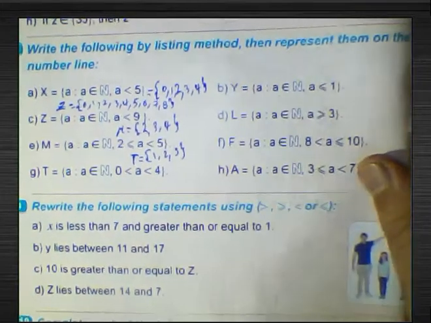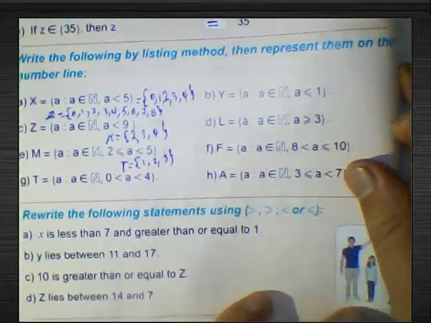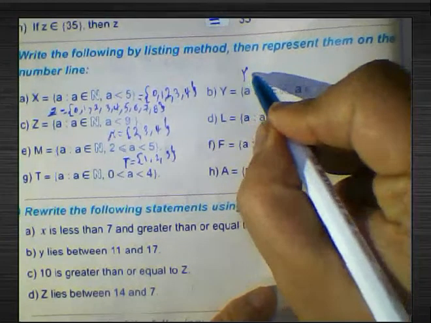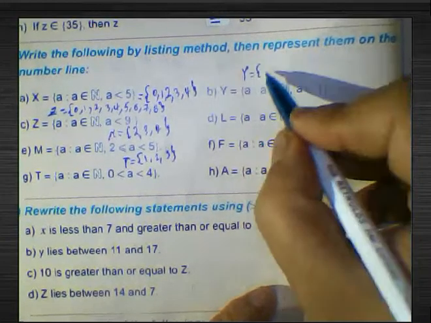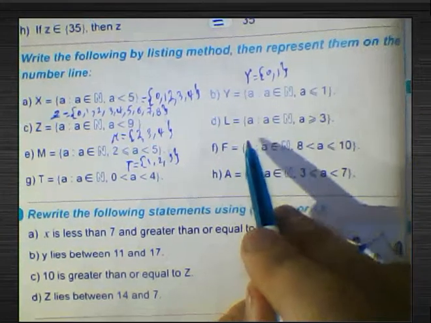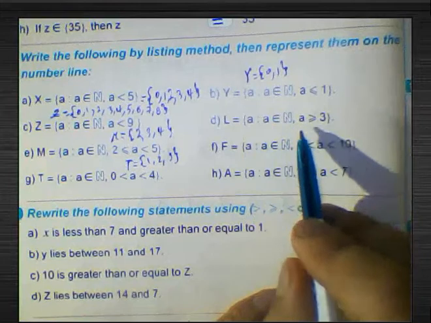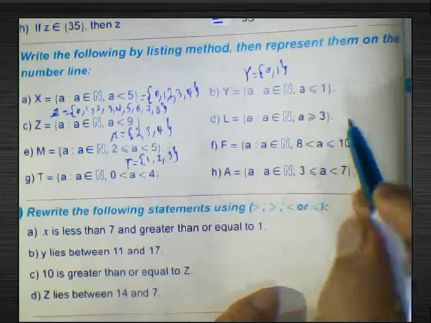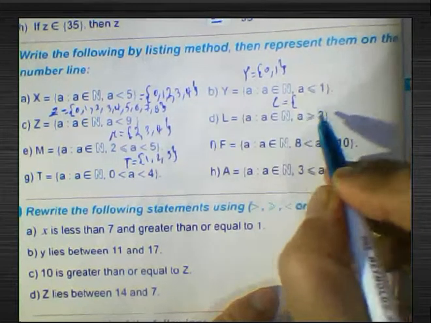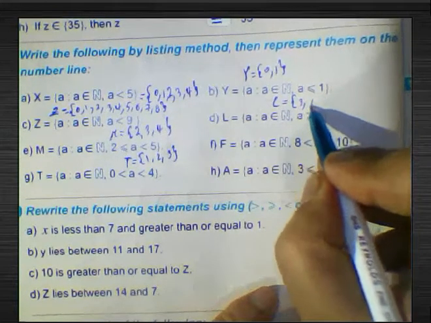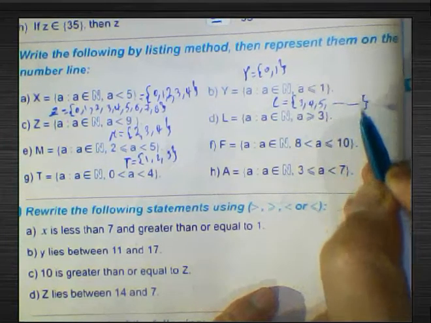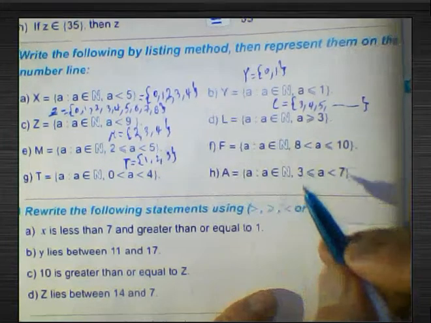Y equals set of A such that A belonging to n, A less than or equal to 1. Y equals 0 and 1 only. L equals set of A such that A belonging to n, A more than or equal to 3. So L will be the set of 3, 4, 5, and so on, because it's an infinite set.